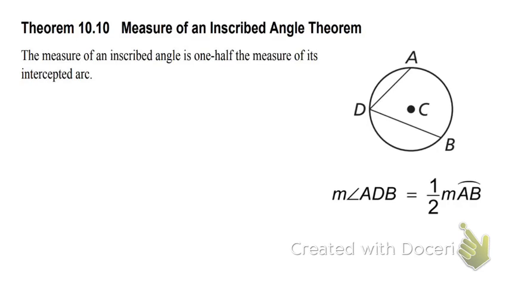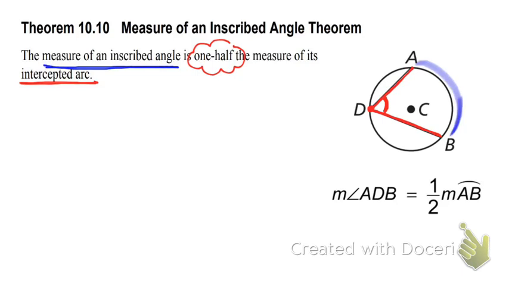If you think about the central angle, it's going to be a lot bigger than the inscribed angle at D. So D turns out to be exactly half of the measure of the intercepted arc. So if arc AB is 100 degrees, that means the measure of angle ADB equals 50 degrees. Very nice. Everybody ready to do some examples?